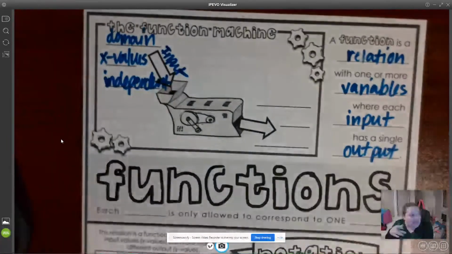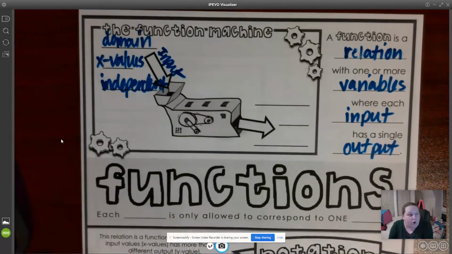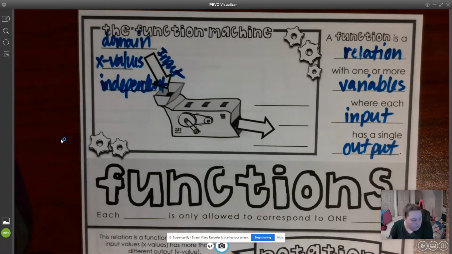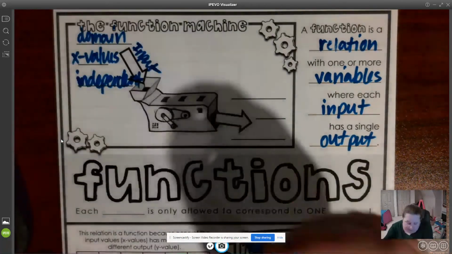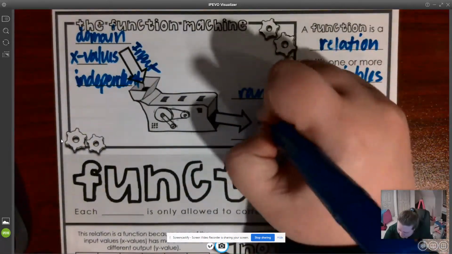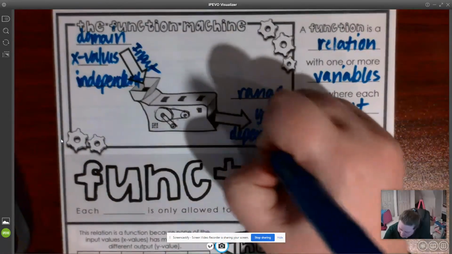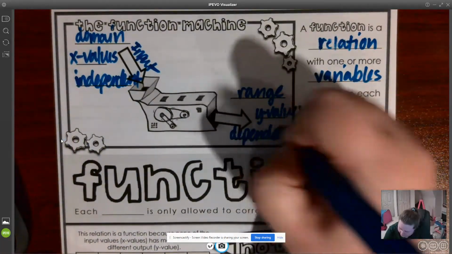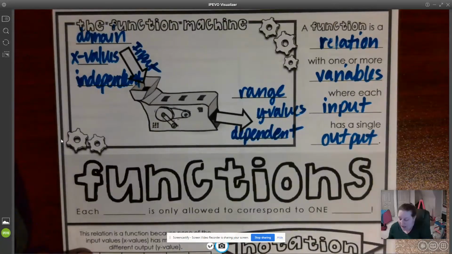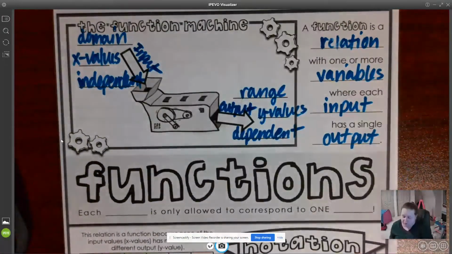You put it into the machine, which in algebra is a rule or an equation. And once you work with the rule, you get your range, your y values, which is known as the dependent variable. Your y is going to depend on your x. It's also the output of your machine.